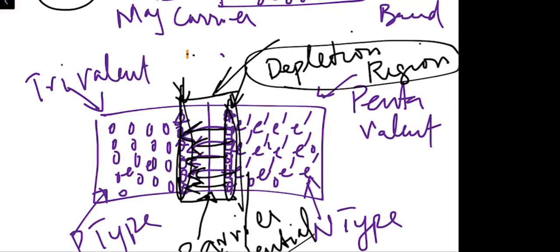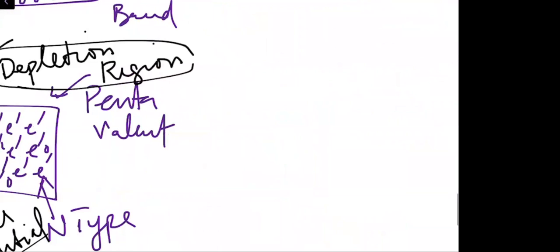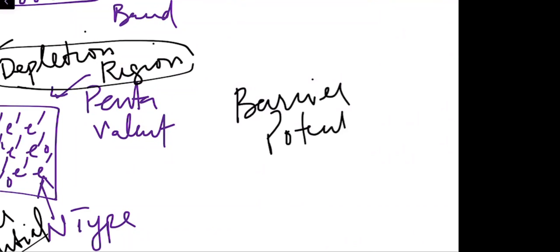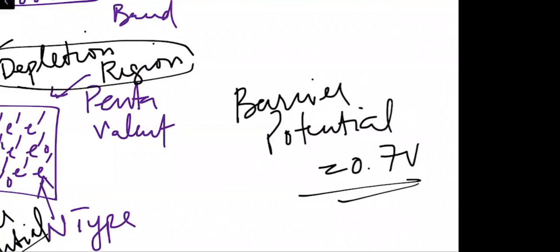Now, if this semiconductor is made up of silicon, as we have seen up till now, the barrier potential is normally 0.7 volts, right?